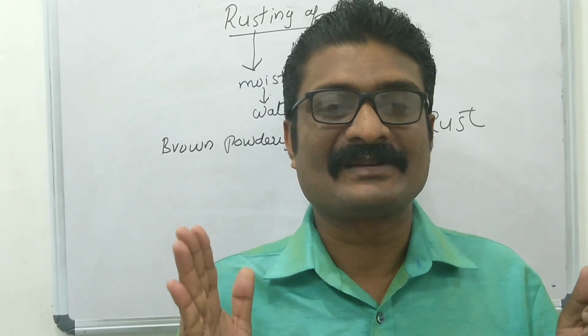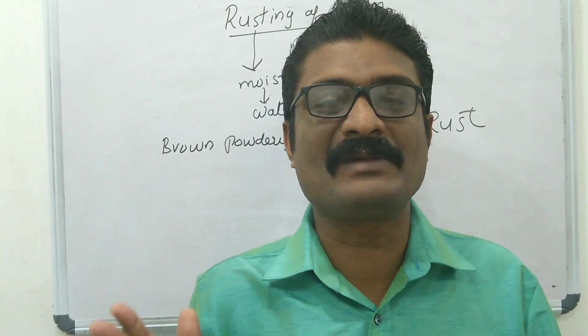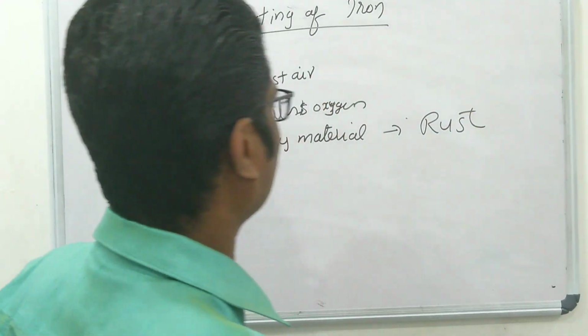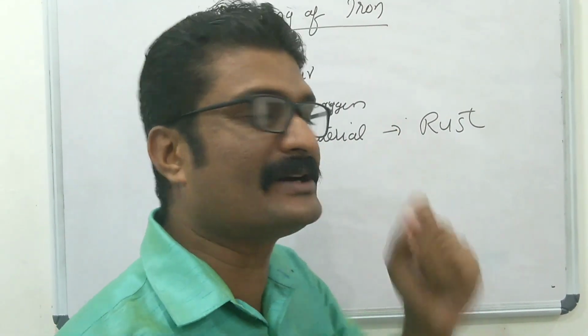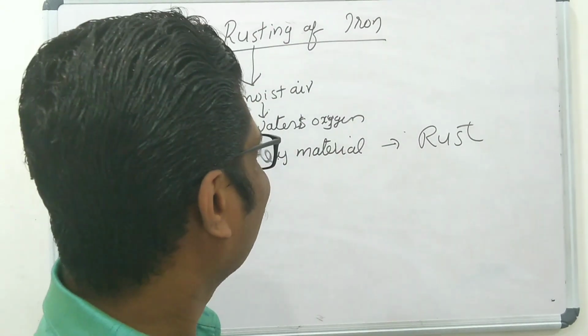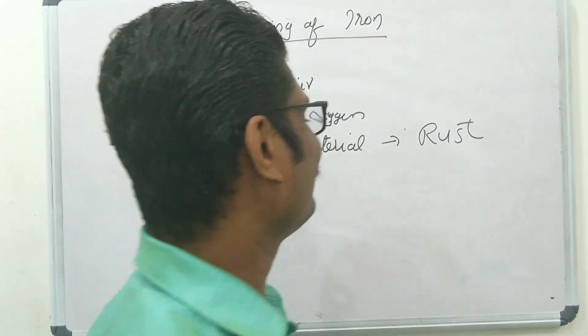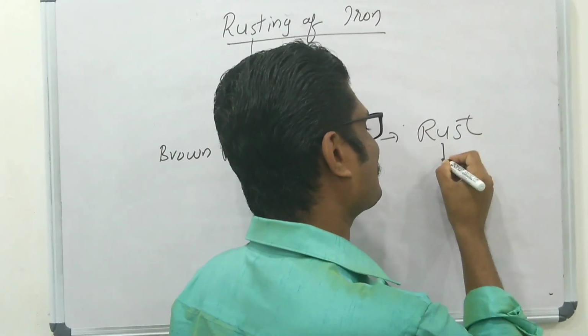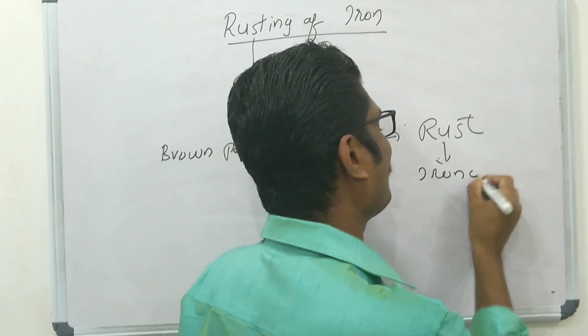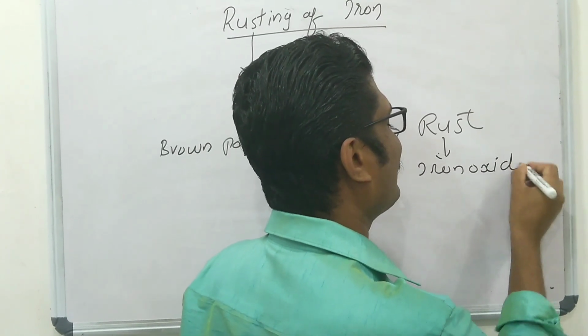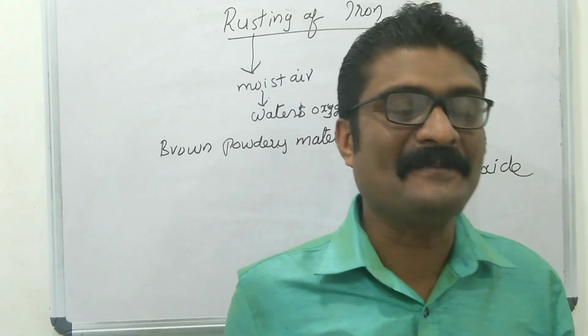Rust is nothing but iron oxide. This brown powdery material formed on the surface of iron is called rust, and the rust is nothing but iron oxide.